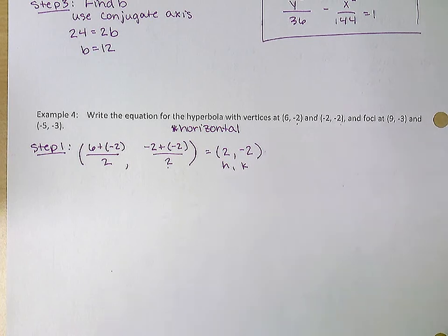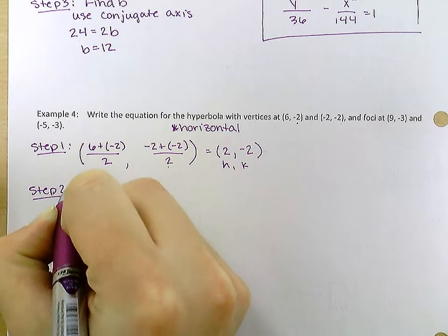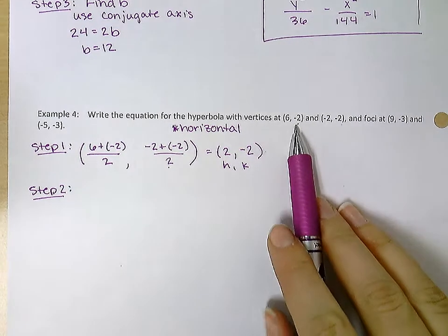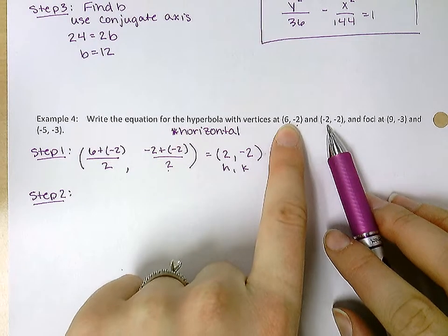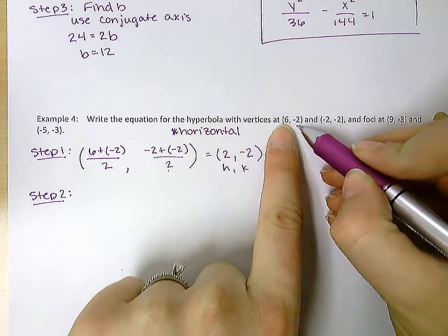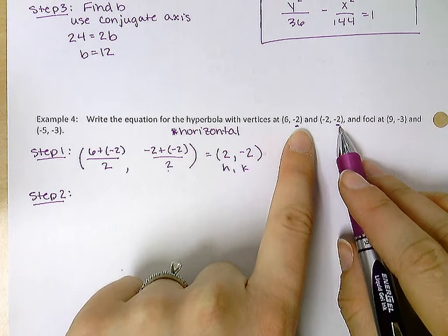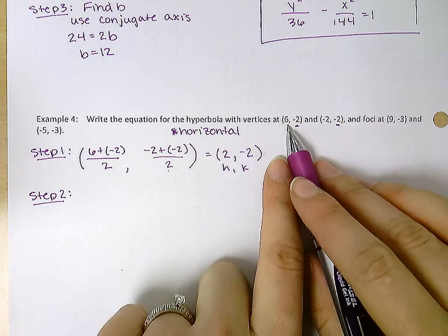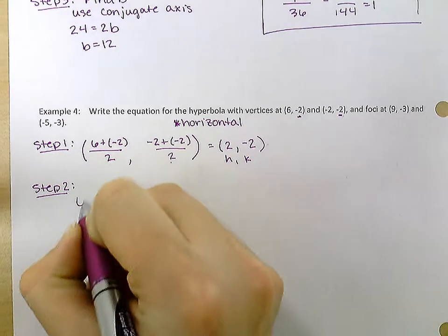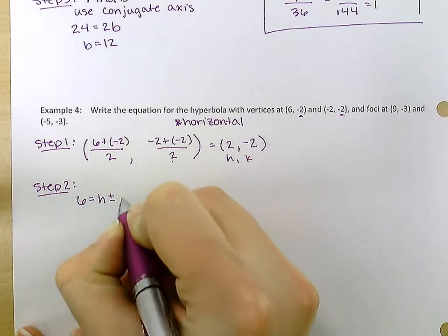Okay, step 2 is to find a. So we'll use one of our vertices, and we need to use the number that changes. We don't want to use this -2 here, because those stay the same. We want one of the numbers that changes. So I'm going to pick 6. To get 6, we need to take h plus or minus a.